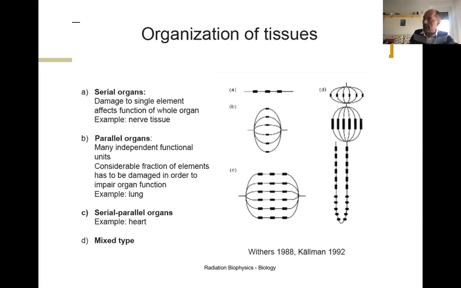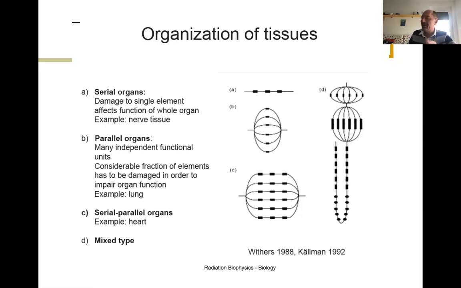In these serial organs, if you induce a damage in a point, you destroy the functionality of the organ. But if you have a parallel organ, like the lung, the brain, the liver, in this case, you can damage a part, but the organ is still working.